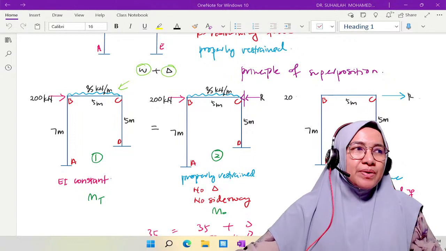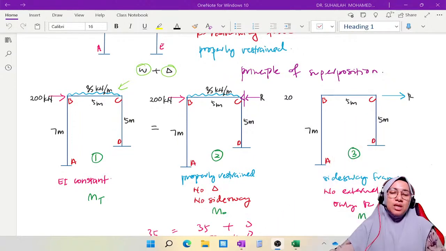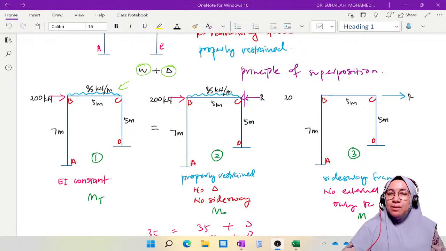So on the screen right now, this is actually a diagram of the frame, which follows the principle of superposition. As I mentioned in my previous video, why do we need to use the principle of superposition?